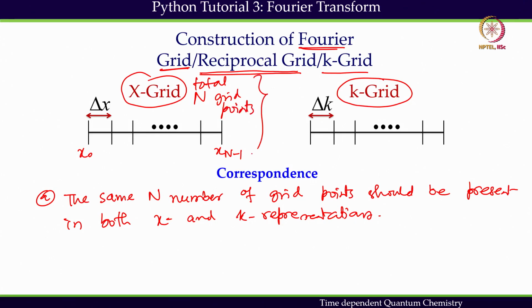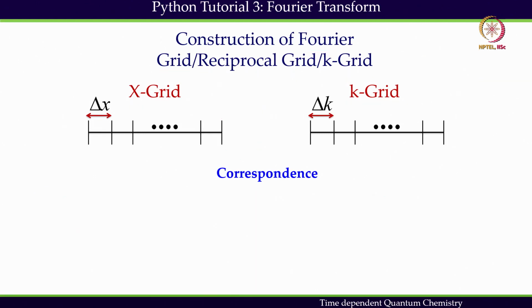In that case, when constructing the K grid, I should have the same grid window, which means the same number of grid elements. So, this is going to be n grid points. That is the first correspondence we have understood when converting the x grid to the K grid.